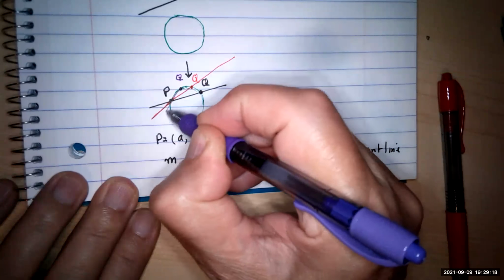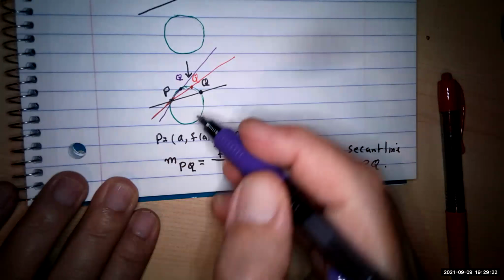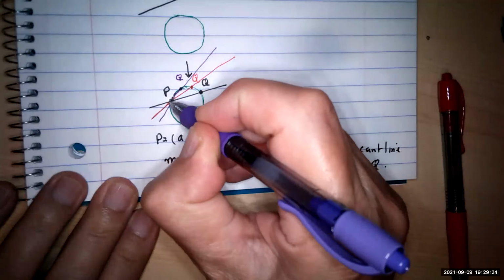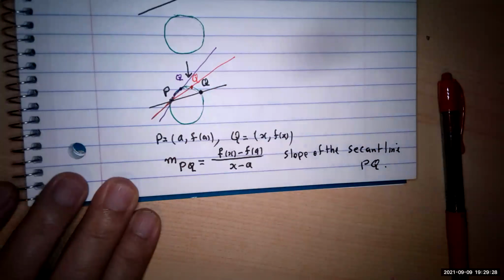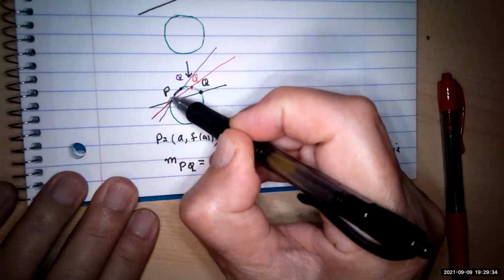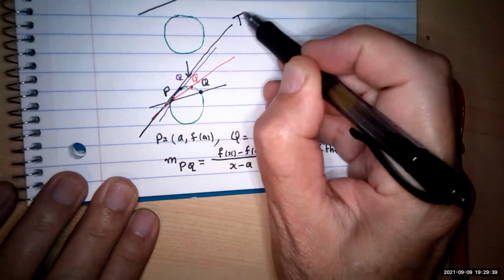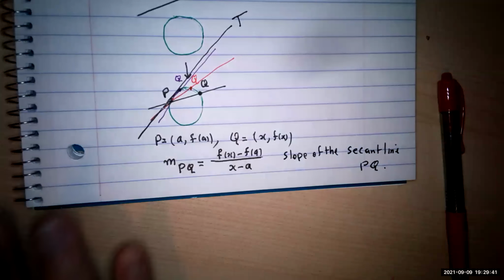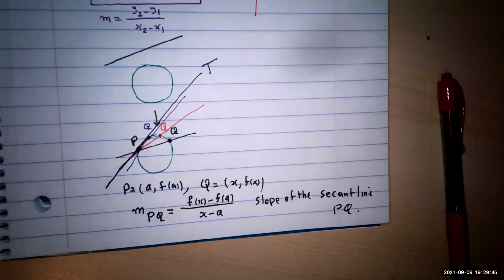This is again a secant line. But as Q gets closer and closer to P, you are not going to have 2 points, you are going to get only 1 point. At that time, you get the line that would intersect the circle at 1 point, and that line would be exactly the tangent line that we are interested in.